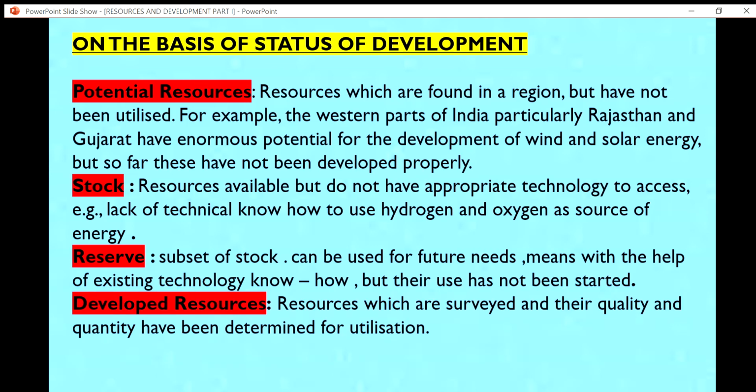Now reserve, a subset of stock, means it can be used for future need with the help of existing technology. We know about its quantity and how to use it, but its use has not been started now. Developed resources: resources which are surveyed and their quality and quantity have been determined for utilization.